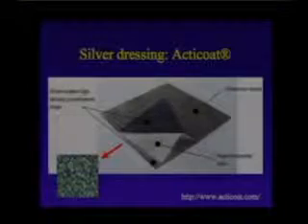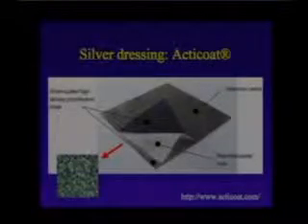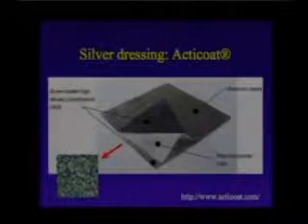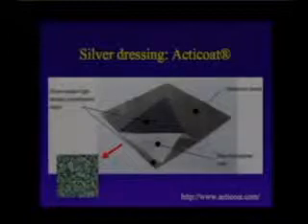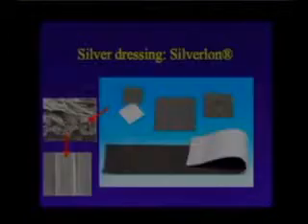I wanted to take a look at some other types of dressings that might be used and just show you some pictures of them. This is something called a silver dressing. This is a more modern type of dressing that will actually sometimes help not only in healing of the wound, but it may also help with some of the skin development.